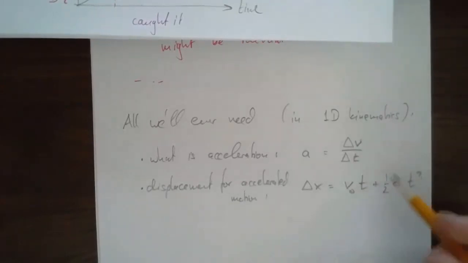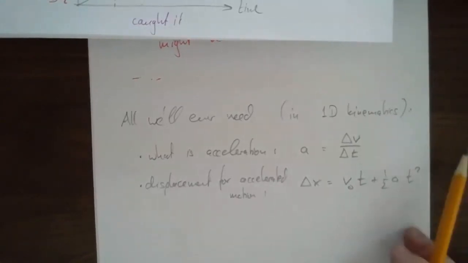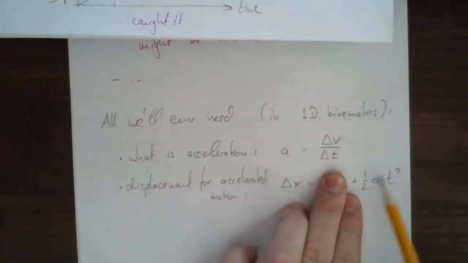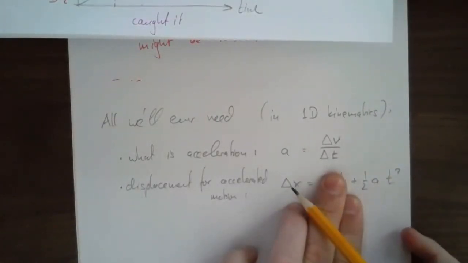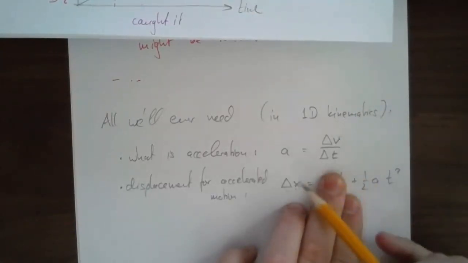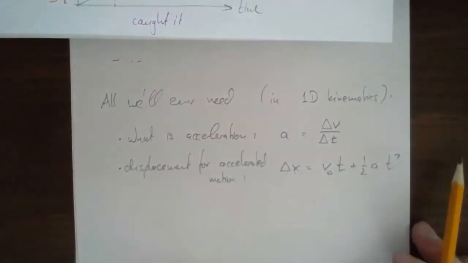Again, you know what it means, you need to know how to apply it in the situation, not worry about whether it's t or delta t. Notice that this is delta x, the change in position. For example, in the case of the bus, this term wasn't there, but this was there, but because the bus already started somewhere that wasn't 0, we of course had to add that to get the actual position along our imagined ruler.